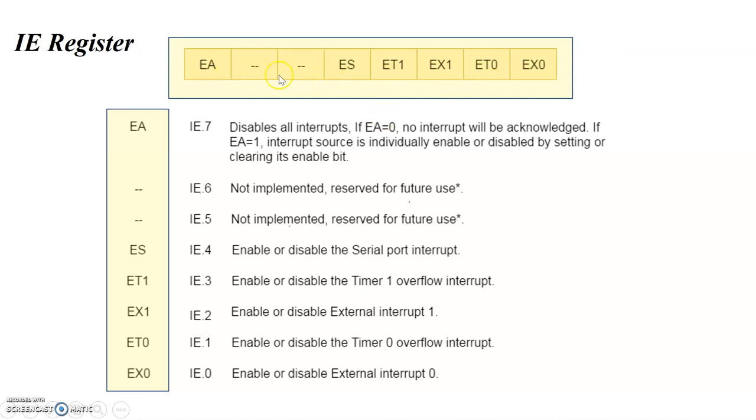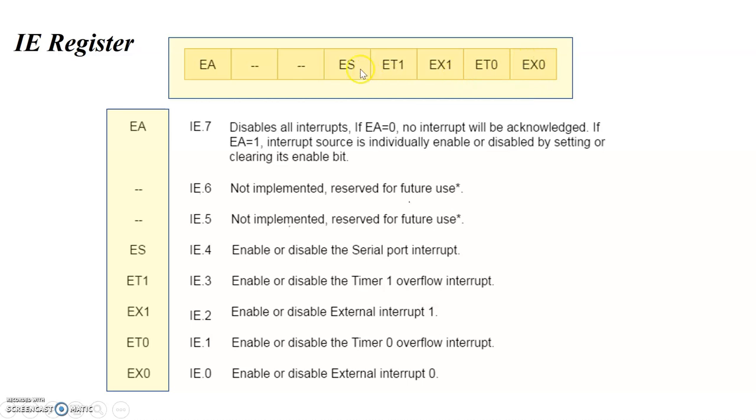Okay, these two bits are not related, they are for future use. Now these 5 bits: ES is for the serial port interrupt, ET1 is for the timer 1 interrupt, EX1 is for external interrupt INT1, ET0 is the timer 0 interrupt, and EX0 is the external interrupt 0.